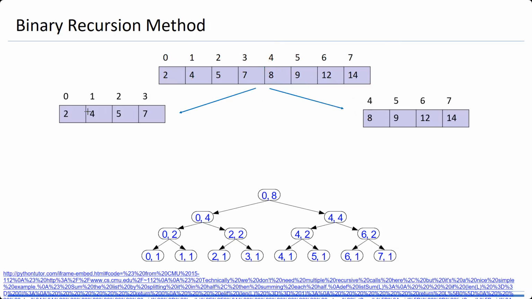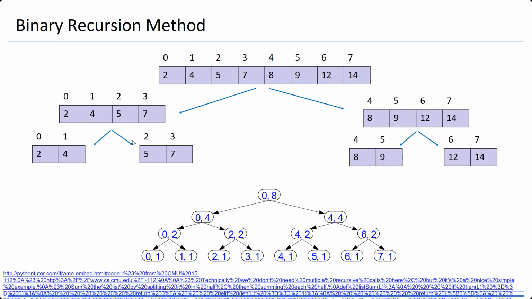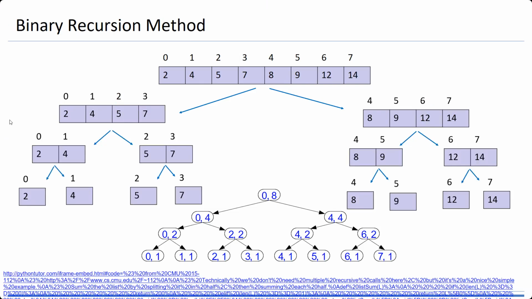And then again, after we have those numbers, we split again into 2. And here we split again into 2, until we have only one number. Why 1?